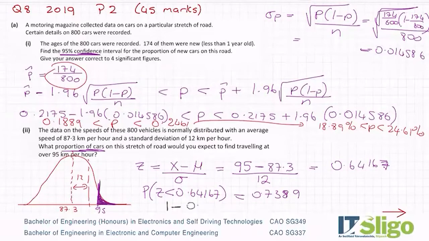So if I go 1 minus 0.7389, I get 0.2611 or 26.11%. Okay, so what proportion of cars on this stretch of road would you expect to be traveling at over 95 kilometers per hour? 26.11%.